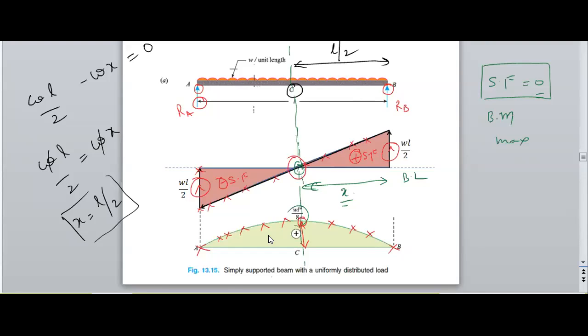So in the last class, we were discussing the simply supported beam with point loads and a UDL, that is, a uniformly distributed load applied on it.